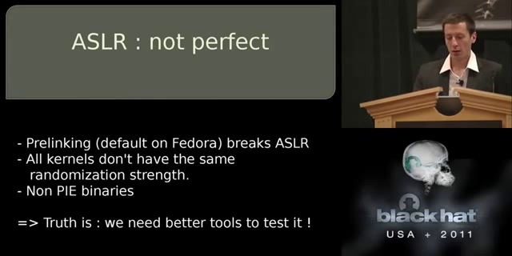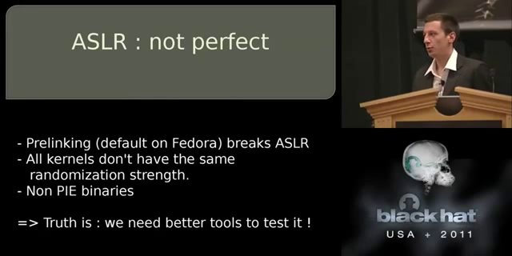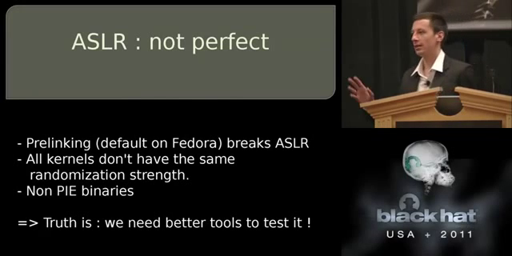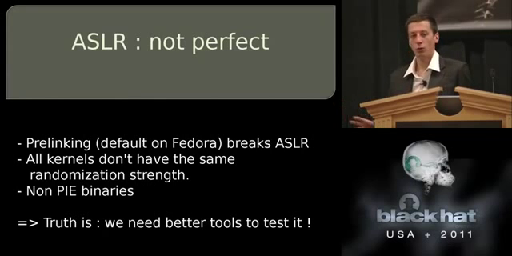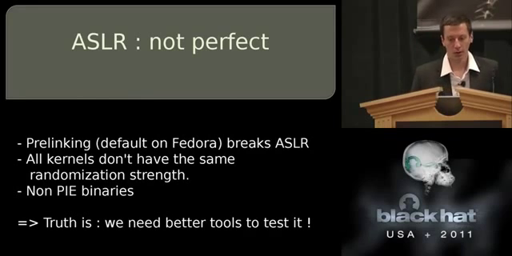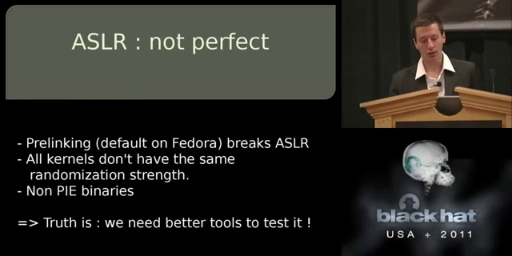All right. Under a standard distribution, only very few applications are actually compiled as position-independent executables, which would be network daemons and possibly web browsers. In particular, set-uid binaries under Ubuntu at least are never compiled as position-independent executables.